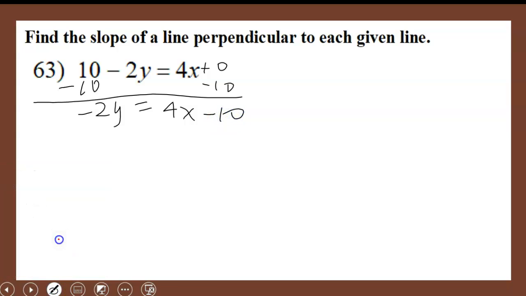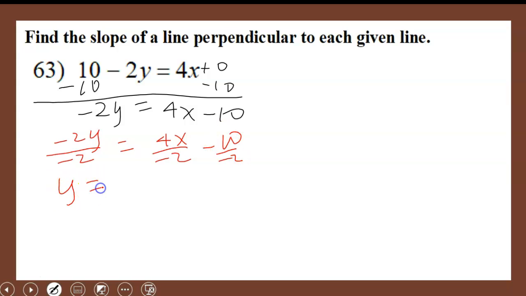And then we divide both sides by negative 2. Okay, so y equals negative 2x, and then negative divided by negative is positive. And then 10 divided by 2 is 5.